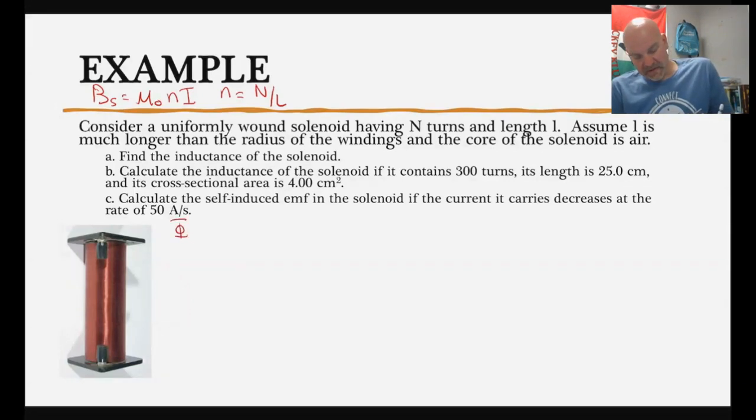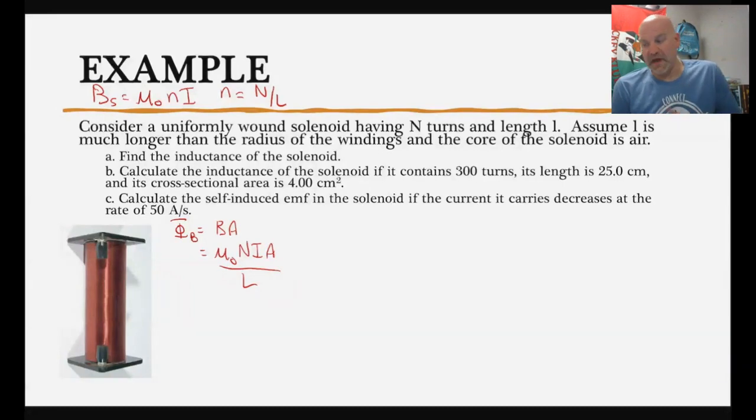We know that the magnetic flux is going to be BA. Here's my B, and I'm going to substitute in the N over l. So I'm going to get mu naught N I A over l. That's the amount of magnetic flux that this solenoid would have.